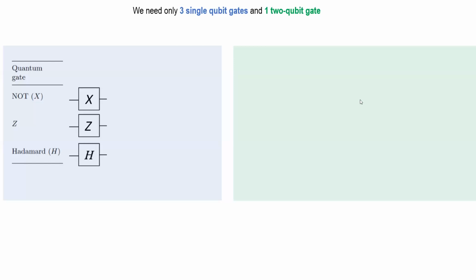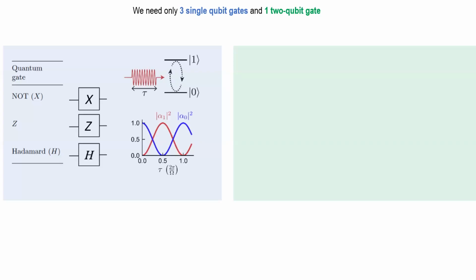So, as we also discussed in the course, for quantum computing we need just three single-qubit gates and one two-qubit gate in order to realize any quantum algorithm.